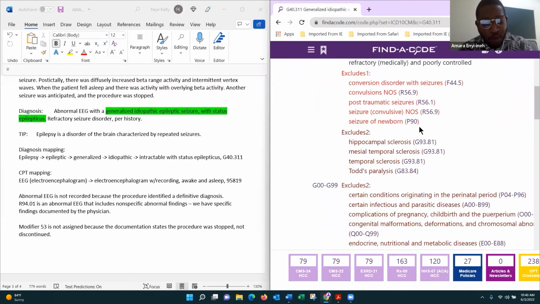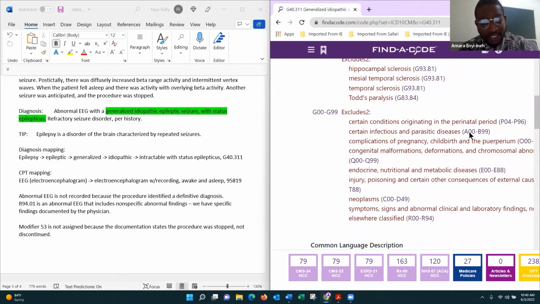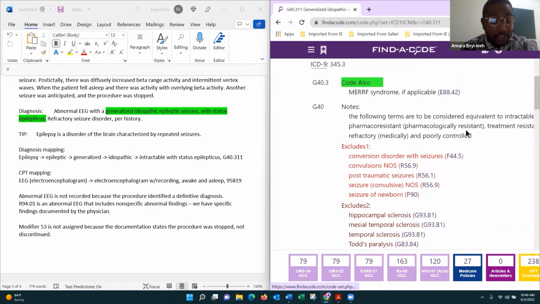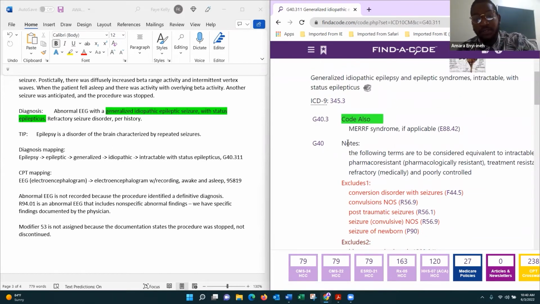Then I also coded the abnormal EEG. The CPT, I got it right. I got 95819. Then the correct ICD I also got right. Okay, great. You coded this F44.5? Yes, I coded the 44.5, the one that has the disorder with seizure and convulsion.